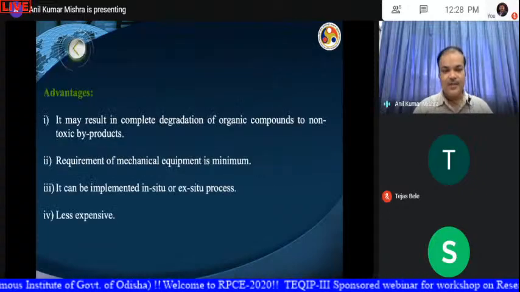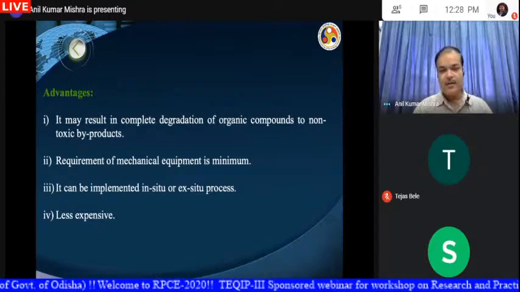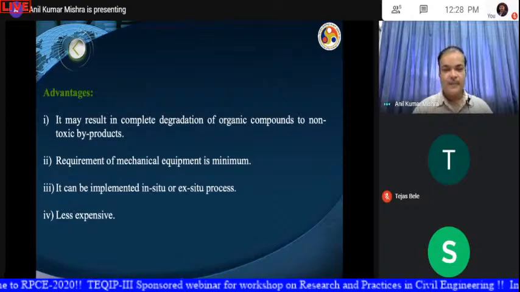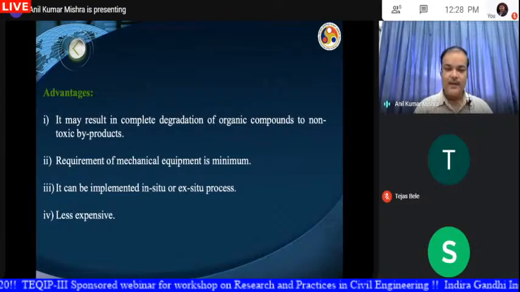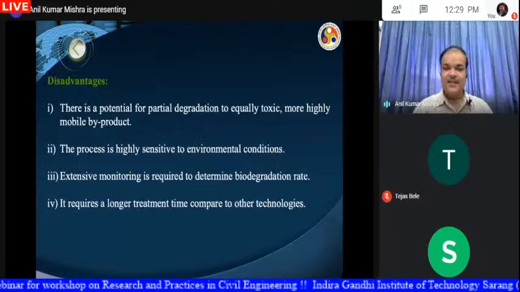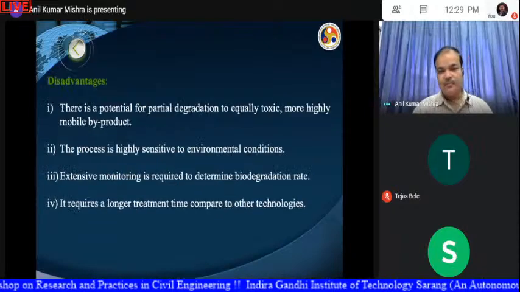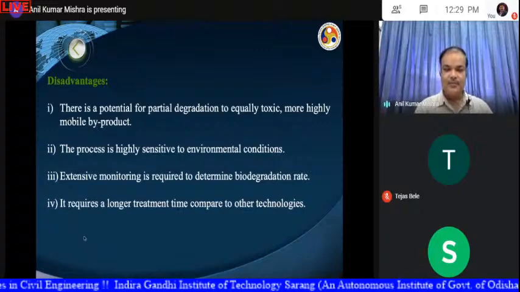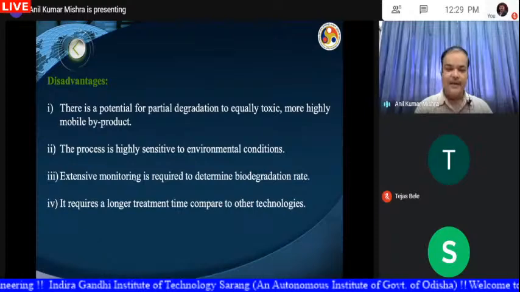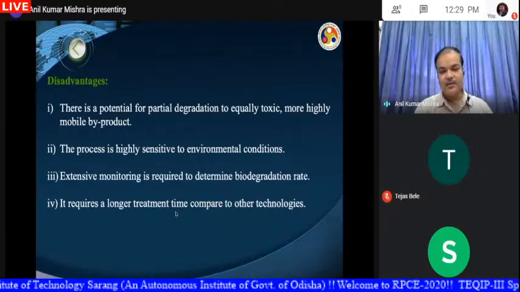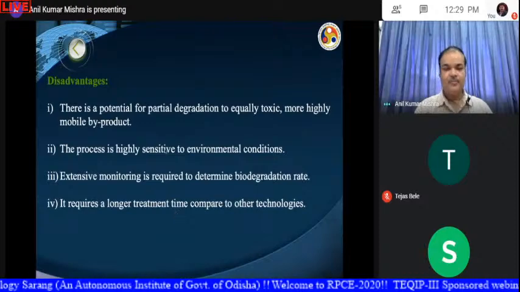So in bioremediation, the complete removal of organic compounds takes place, and the requirement of mechanical equipment is minimal. It's very inexpensive, but the problem is it is very sensitive to environmental conditions, and extensive monitoring is required. The process is very slow and can take a long time.